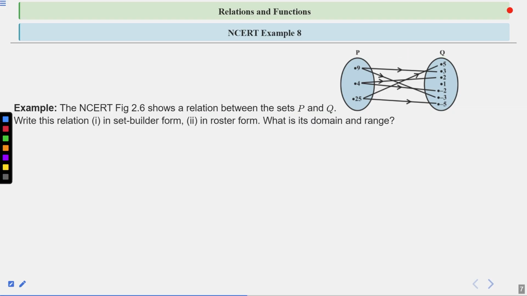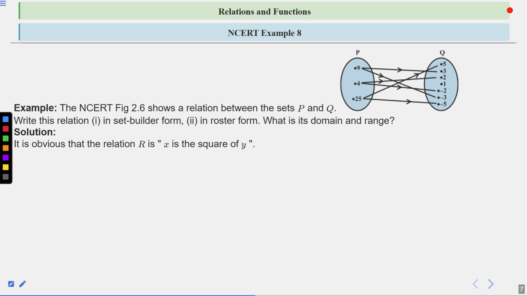What you have to answer is, first of all, write its set builder form, then write its roster form, and also give me its domain and range set. Simple question. Solution.